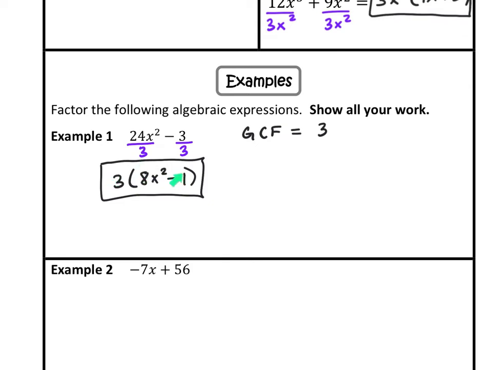And notice, if I multiply the 3 back in, do I get my original answer? If the answer is yes, then we did the correct factoring. So again, to check my answer, if I distribute 3 back out, it should give me my original answer. Actually, let's do a quick check.